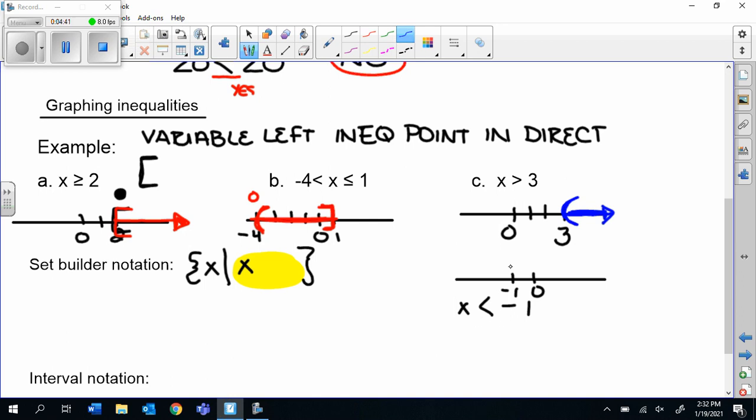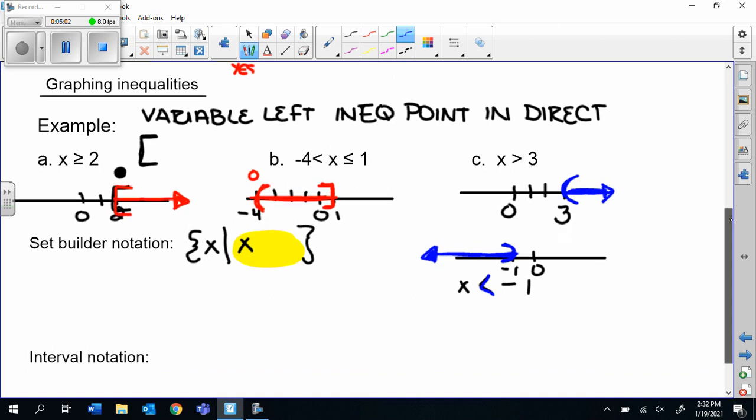It is less than only, not less than or equal to. So anytime it doesn't include the number, we're going to do kind of a curve. That's kind of an over-exaggeration there. And then we're going to go to the same direction that the inequality is pointing. So since it's pointing left, we go to the left. All the numbers less than -1.